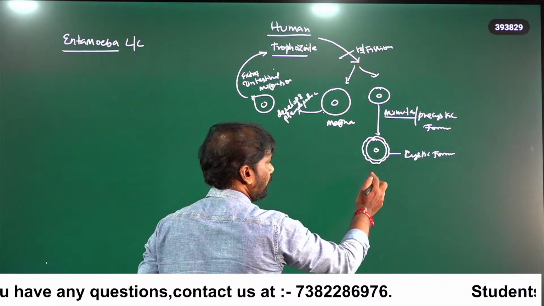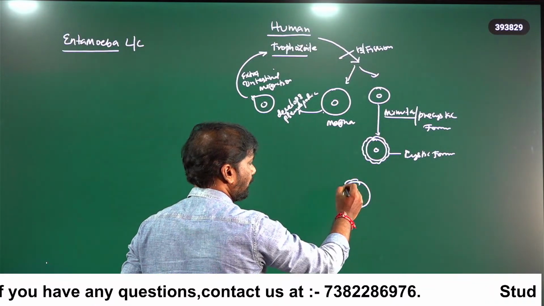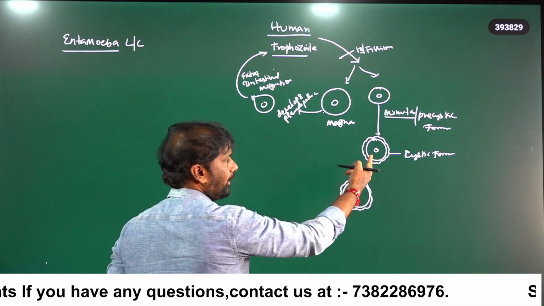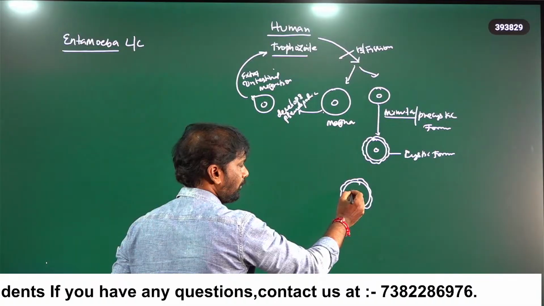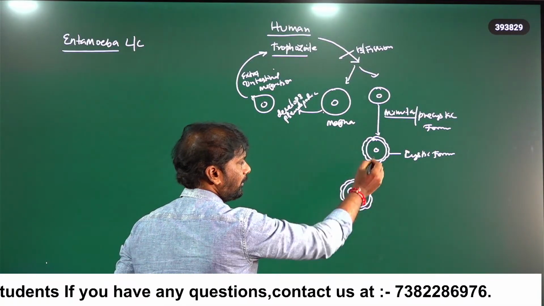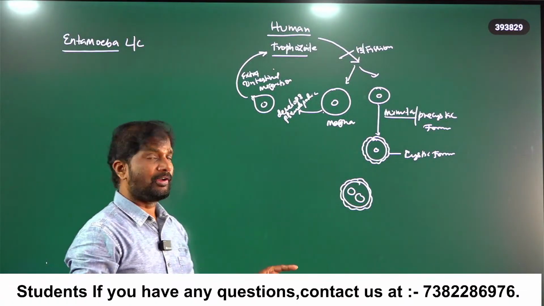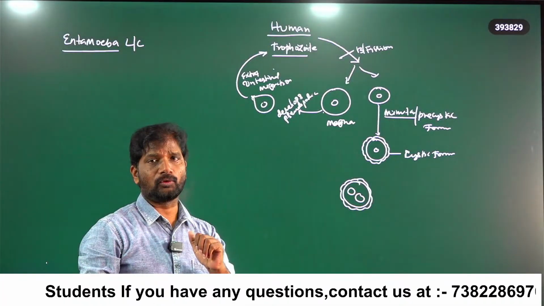In this cystic form, one nucleus is present. This is the envelope or the chitinous layer. The nucleus of the cystic form undergoes one mitotic division and forms two daughter nuclei.